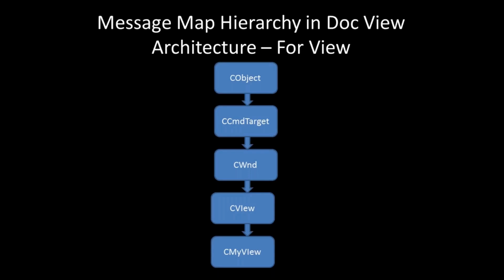If we don't handle it anywhere, it goes to the CObject, and that is where the message will be ignored. So you can write your message handling function in any of these hierarchical classes to handle it.